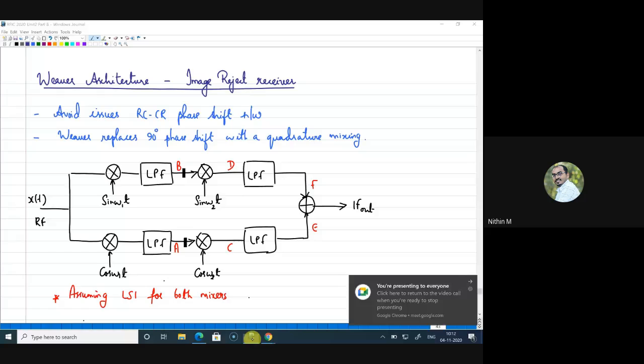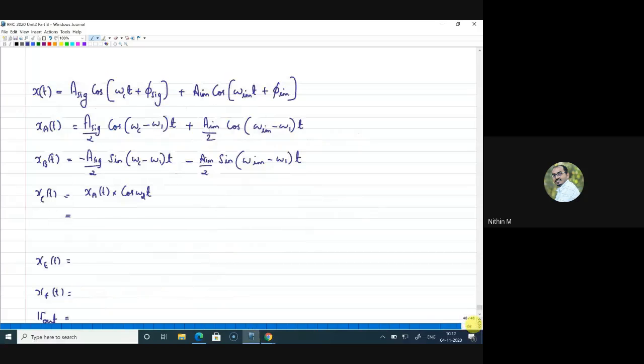Yeah. Now let me write what is xc of t. So xc of t can be written as a xa of t, so this a signal by 2. Again, there will be one more 1 by 2.